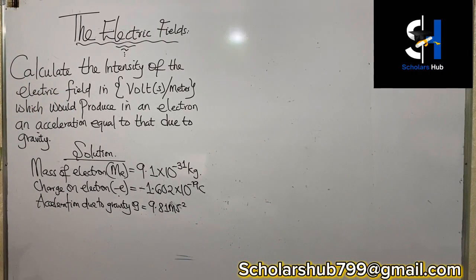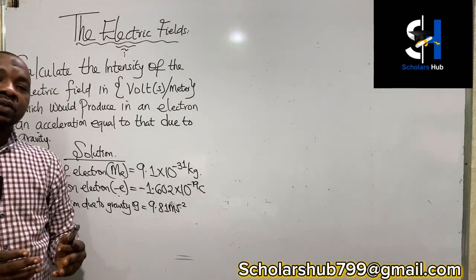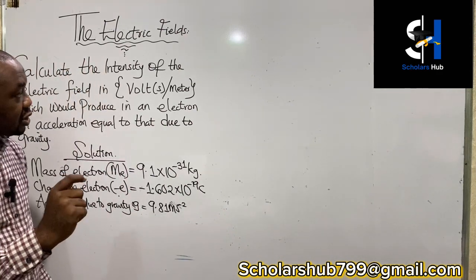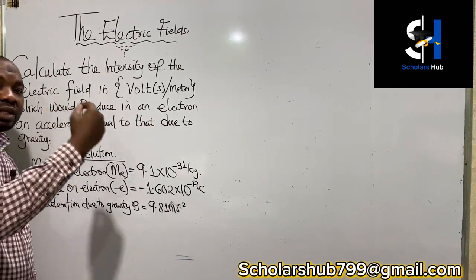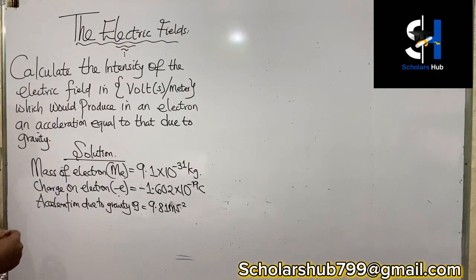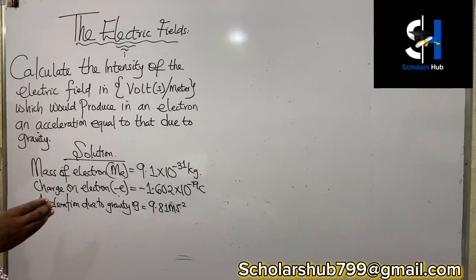All right, so we want to calculate the electric field intensity, and we know that electric field intensity can be expressed as the ratio of force acting on the electric charge per unit coulomb of the charge, which means force acting per unit coulomb of an electric charge is what we call electric field intensity.